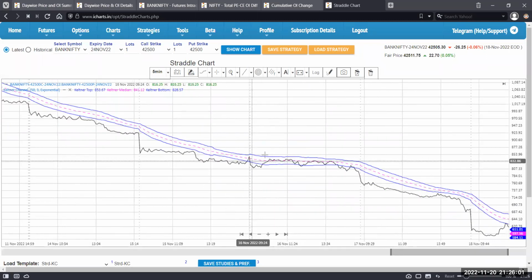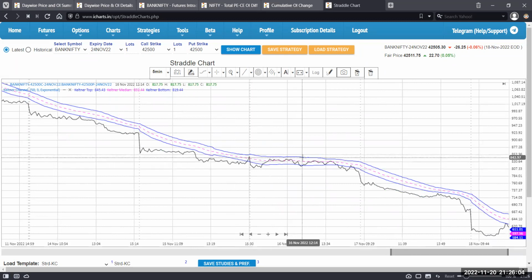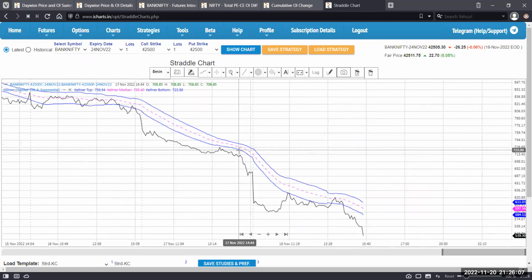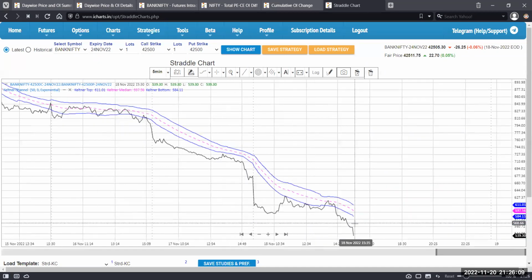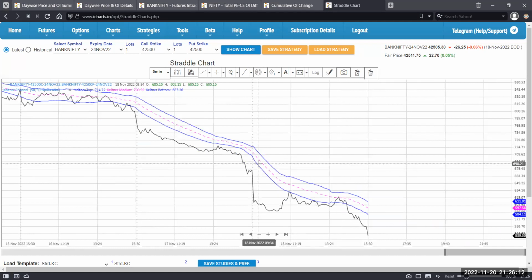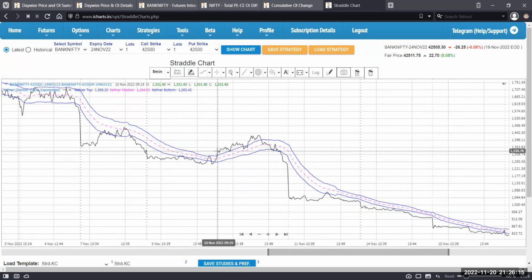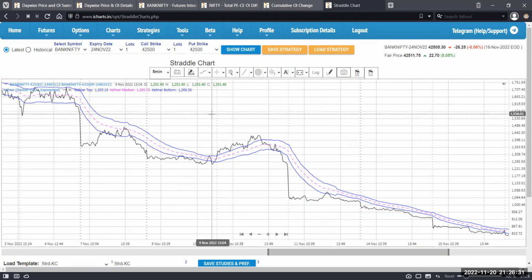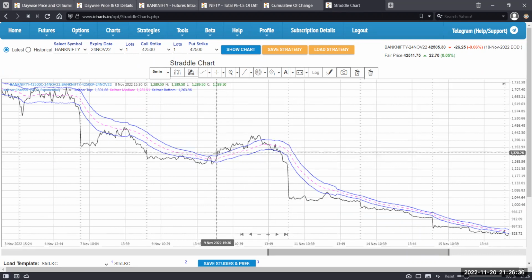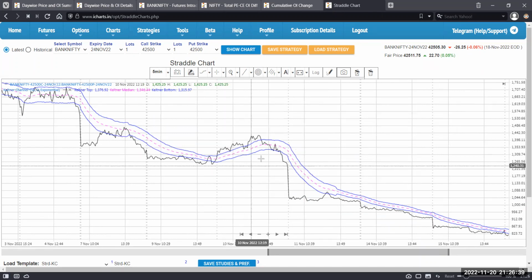You can short somewhere over here, and as long as the price does not break above this channel, you are fine, because it's decaying. Once it goes above here, you need to adjust. You need to check on the futures chart or spot chart where price is going, and then adjust these strikes, take this up, down, or whatever, and adjust in such a way that the price comes back down here again.